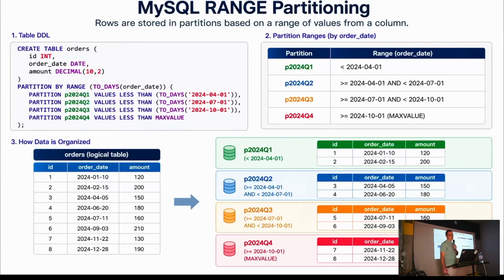In this case, we are using the TO_DAYS function to convert the date into an integer. And with these specific things that are written here, we are defining the so-called ranges. So for all the values that are less than this date here, we are treating that partition as Q1.